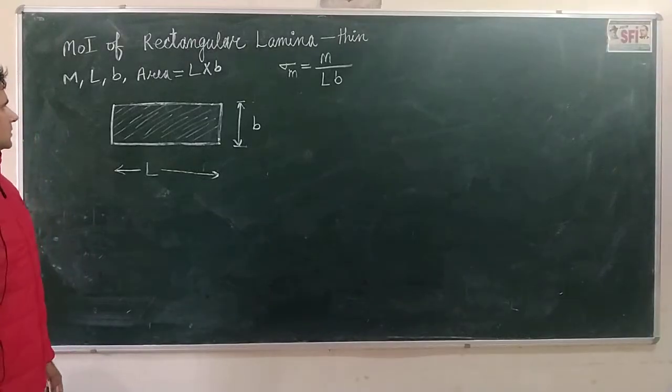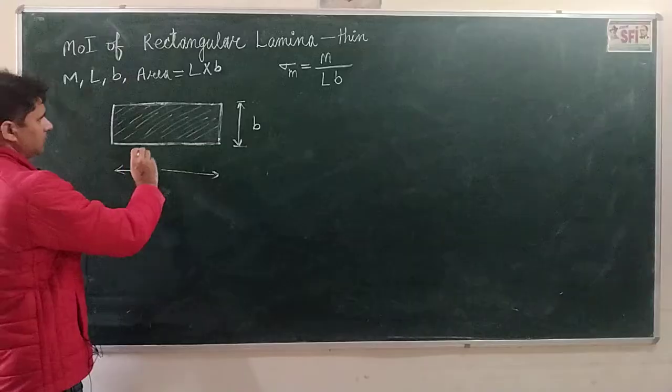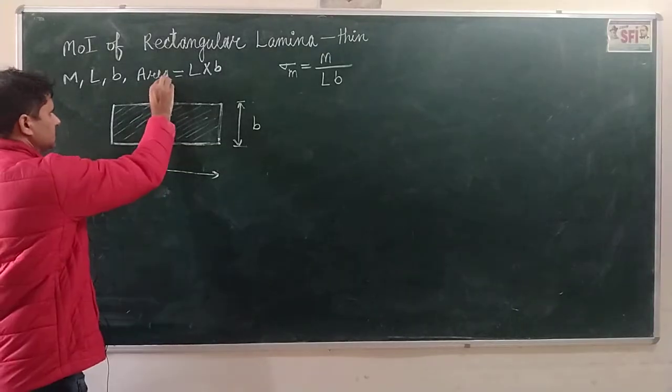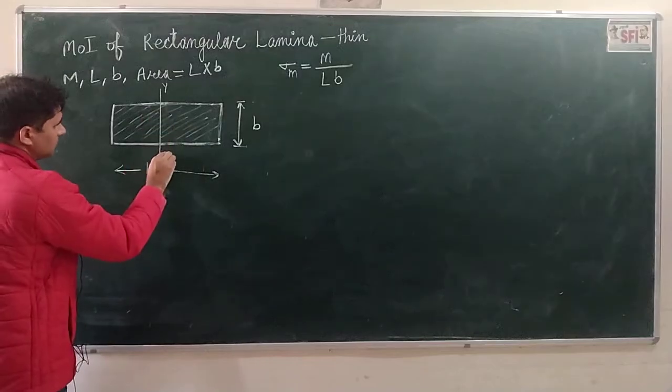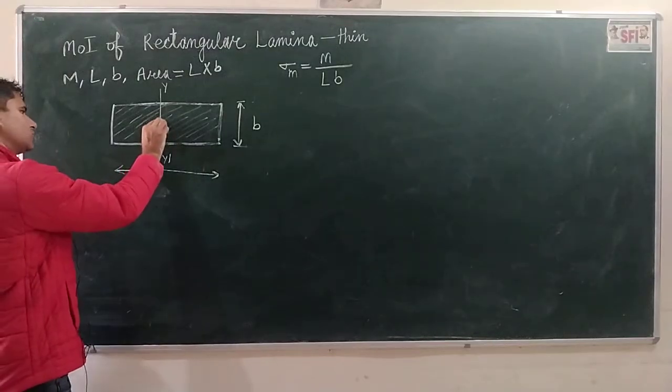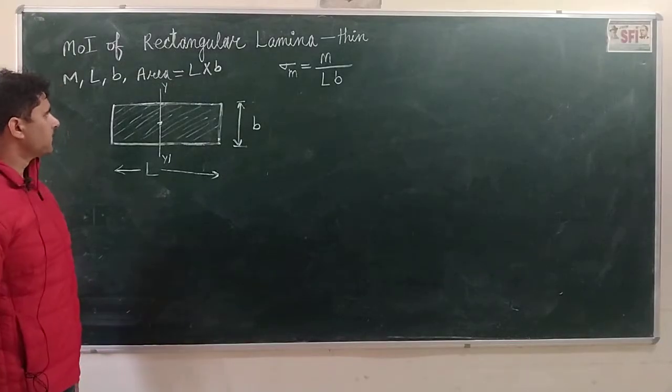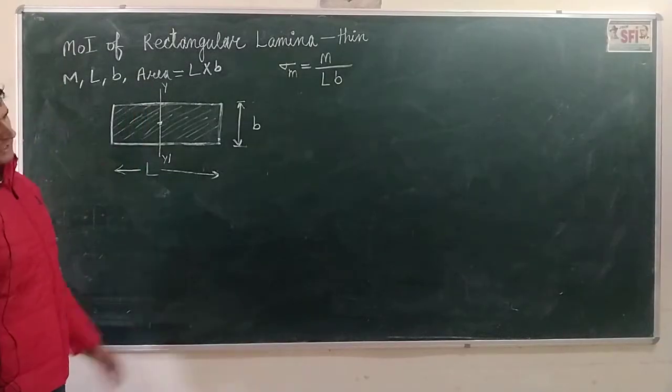Now we have an axis, let this axis be y dash. It is passing through the center of mass of this lamina and it is in the plane of the lamina.